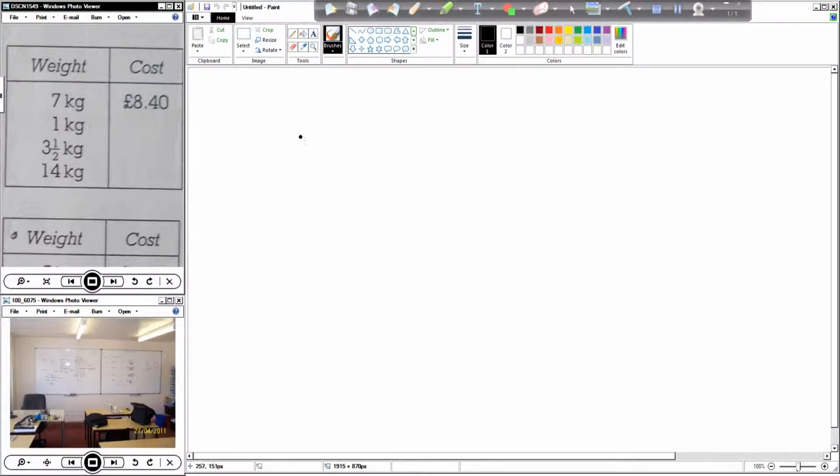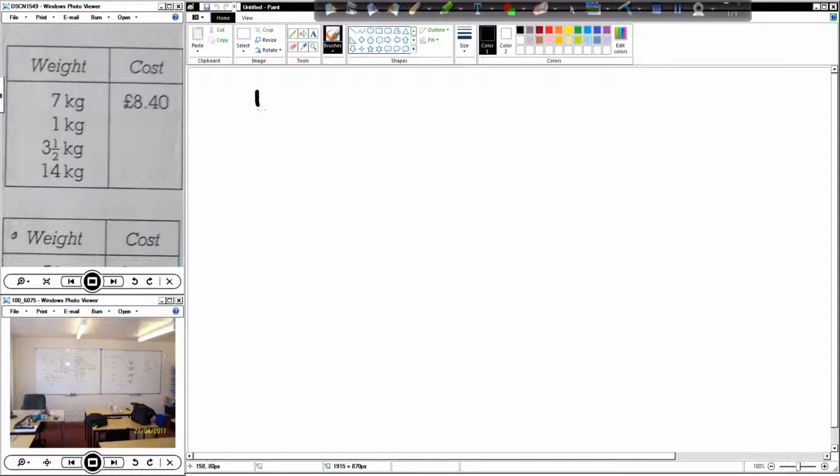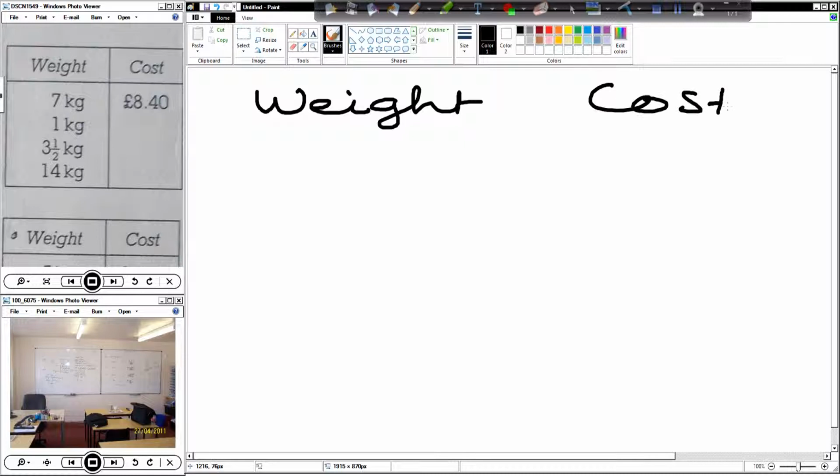So I'm going to make myself a little table here. We have weight, we have a cost. And then we need a line.